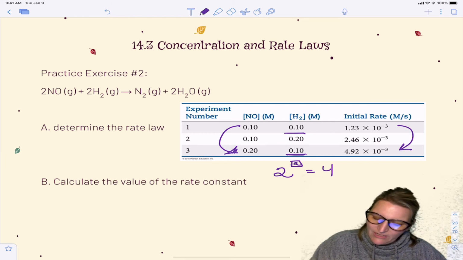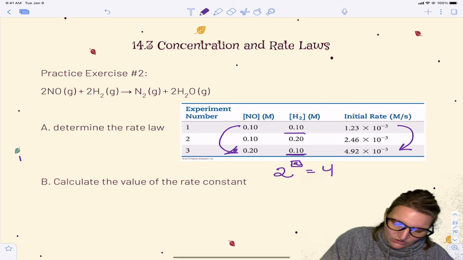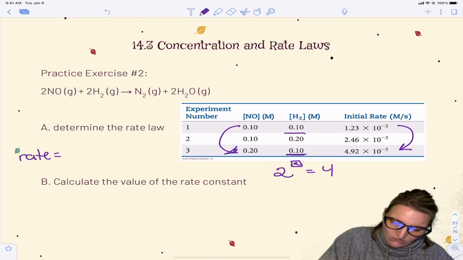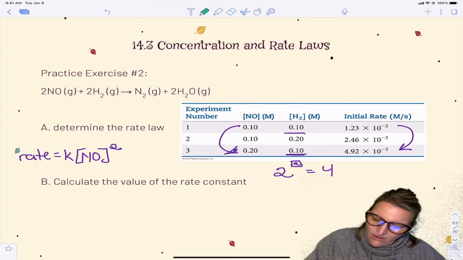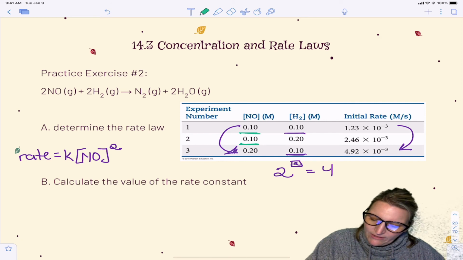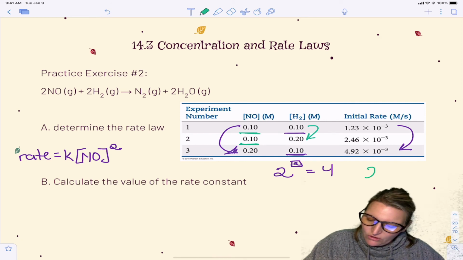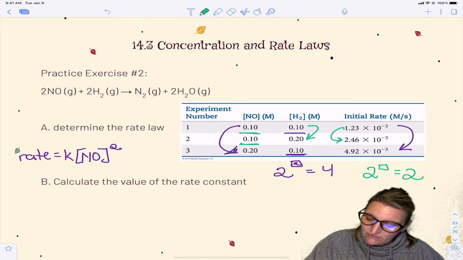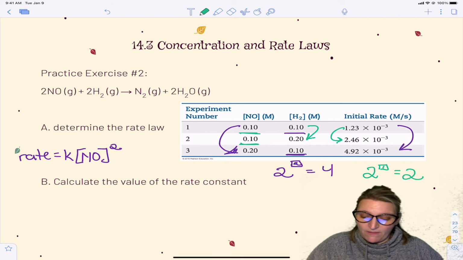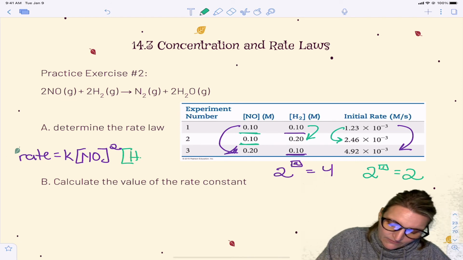So that means that the exponent on the NO is 2. What happens in experiments 1 and 2? When I double the H2, I double the rate. So that means that the exponent on the H2 is 1.